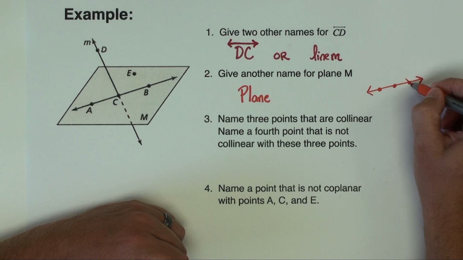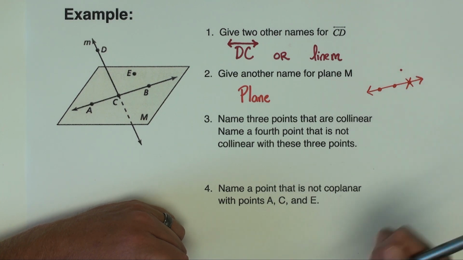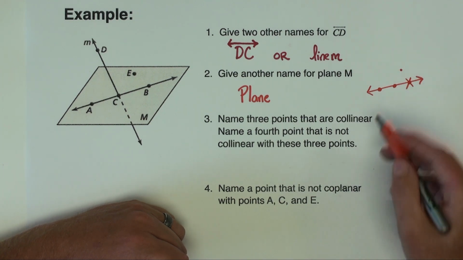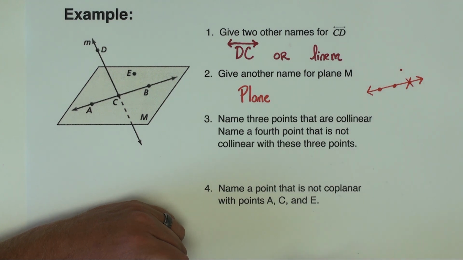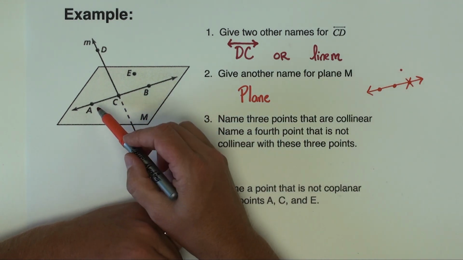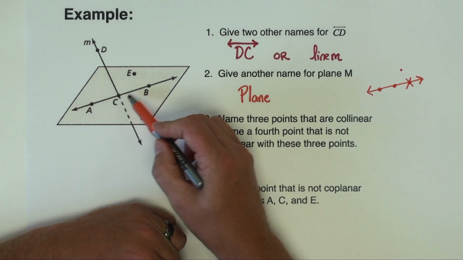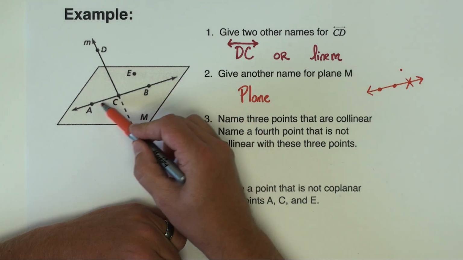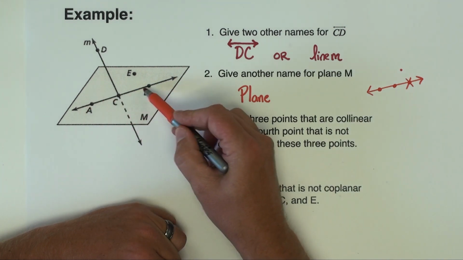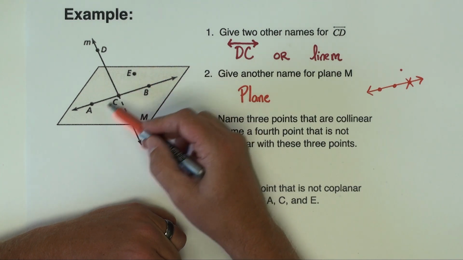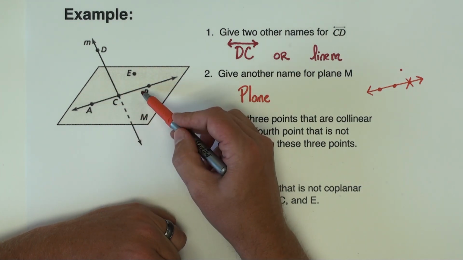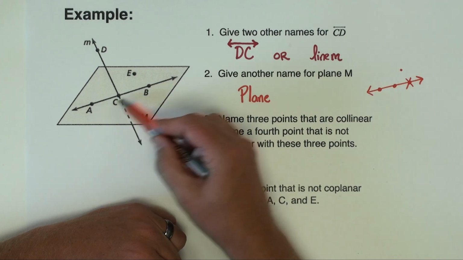So I need something like that instead. Okay, 2 points can be on the line, but the third one can't be in a line. And so what I see in this plane is points A, B, and C on this line. I'm going to pick 2 of those, and then I'm going to pick point E as well. And it doesn't matter which 2 of these I pick, as long as I don't pick all 3 of them.